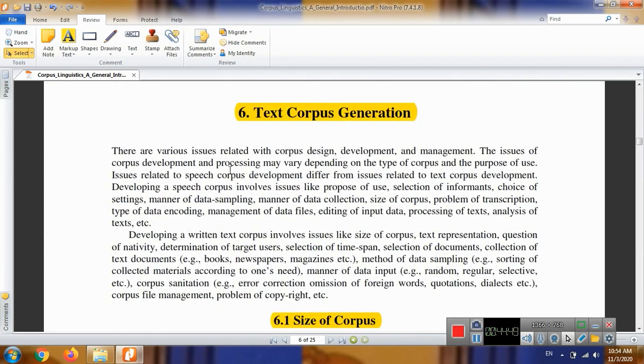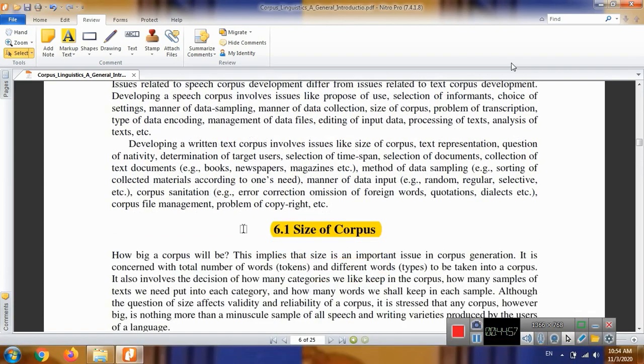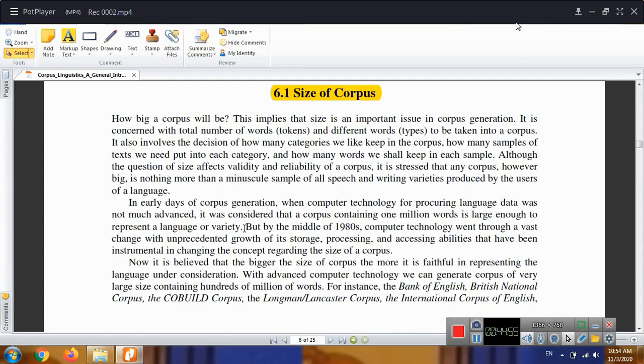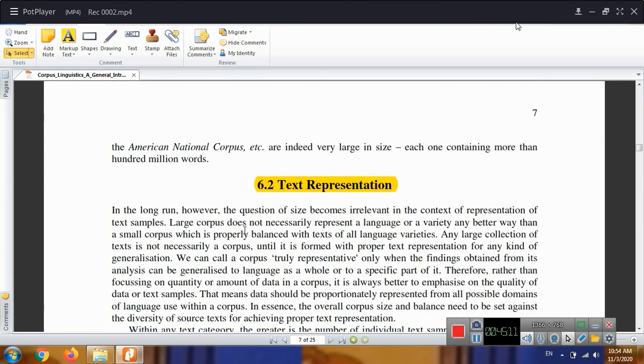Here we gave you some information about the generation of speech corpus development and written corpus development. About the size of corpus, we read some matters, and we saw some changes in the size of corpus by the computer technology.